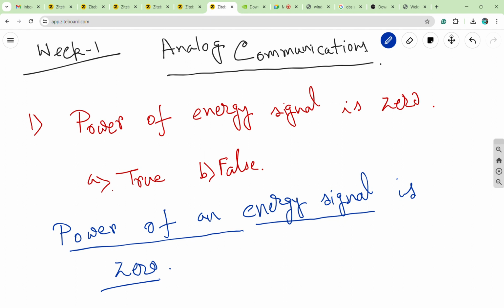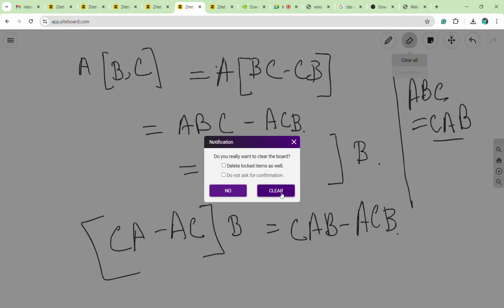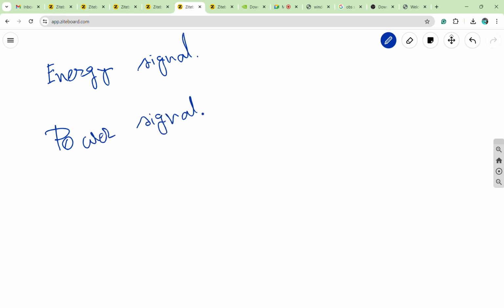So basically, what is an energy signal, and how do we say what is a power signal? We'll go by examples, not by definitions, because a lot of people give a lot of definitions, and you can read them.